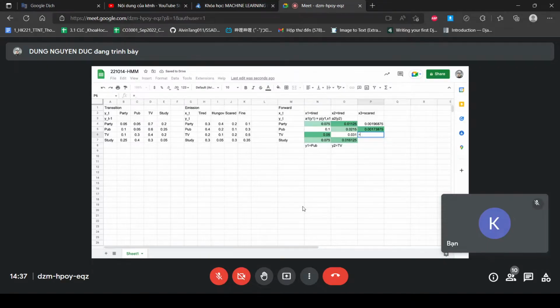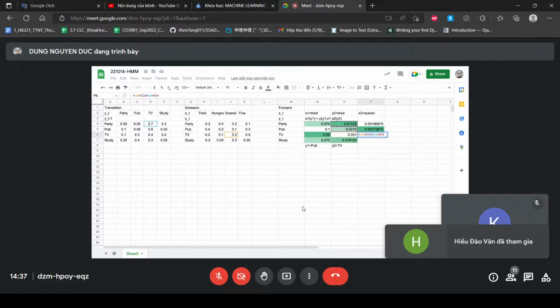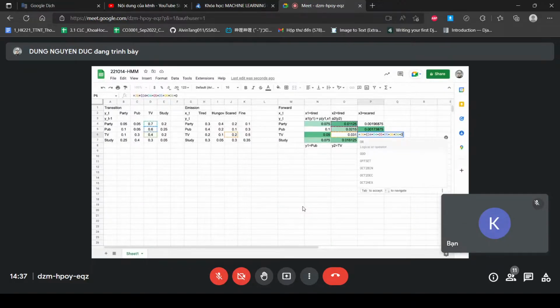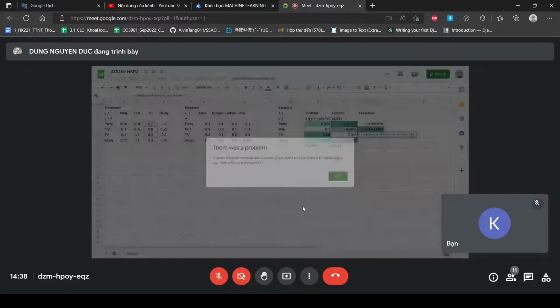So let me have another number. One will be J6. If I recall, yep, J6 multiplied with O4 multiplied with B4 plus O5 multiplied with B5 plus O6 multiplied with D6 plus O7 multiplied with D7.